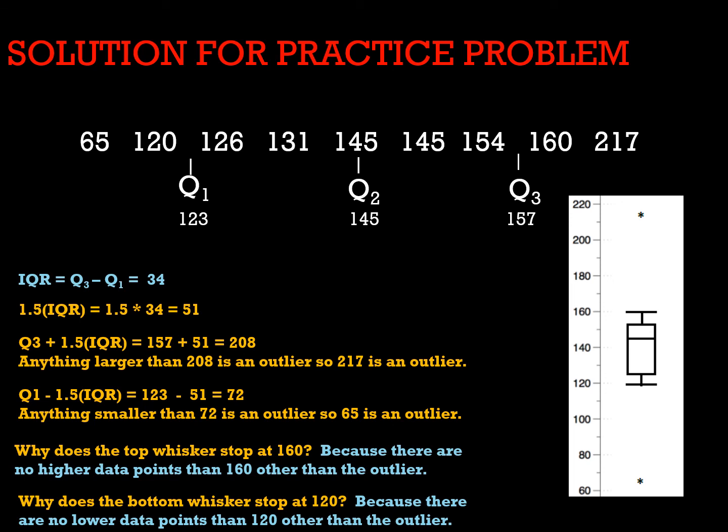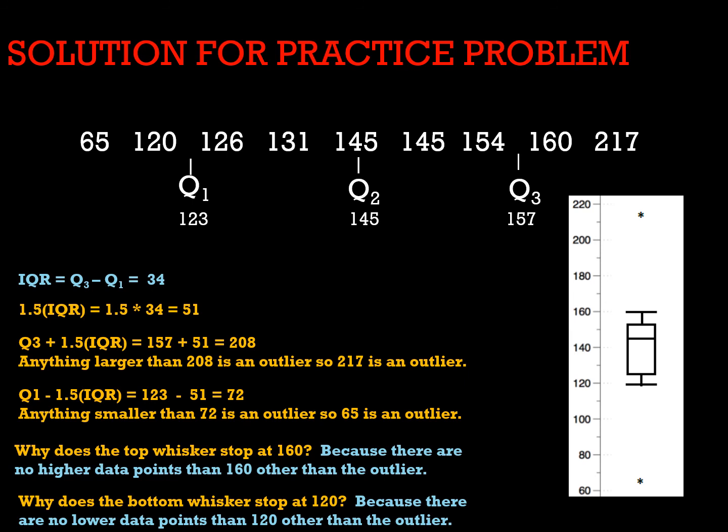Then the whiskers come in. The top whisker will only go up as high as the highest data value. 217 was an asterisk, so it's not part of the whisker. Ignoring 217, it just goes up to 160.